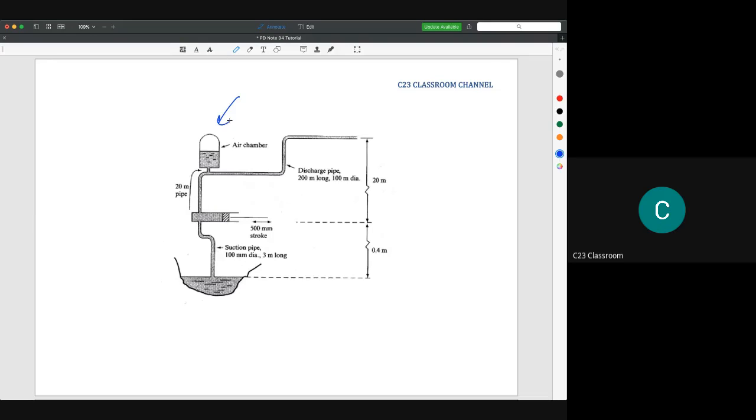Previously we know that the friction for the flow after the air chamber must be calculated using the idea of flow in pipe. So from here to here, the friction for this pipe must be calculated using the major loss. But the 20 meters here need to be calculated using the friction equation for the piston pump.